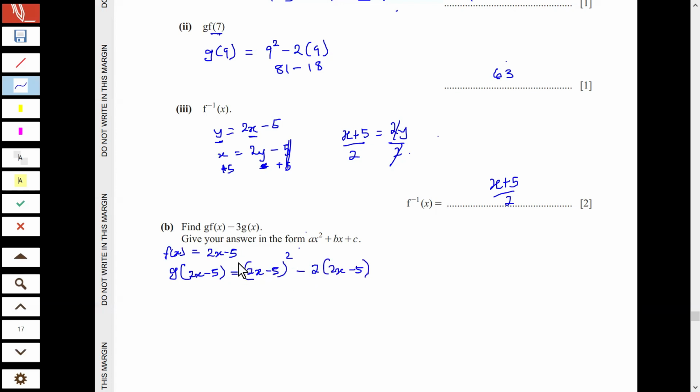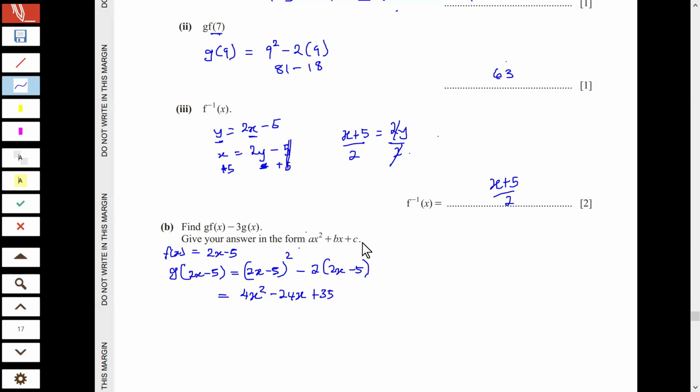So if you expand this, you're going to get the expression 4x squared minus 24x plus 35.